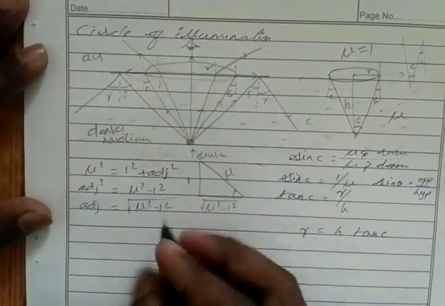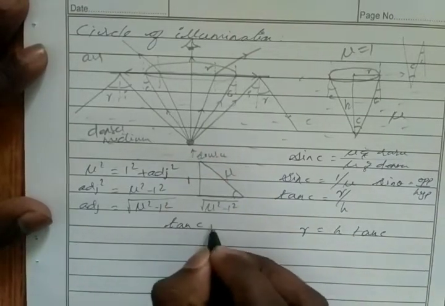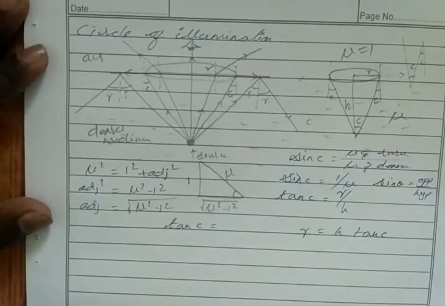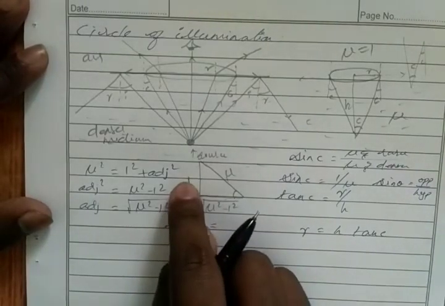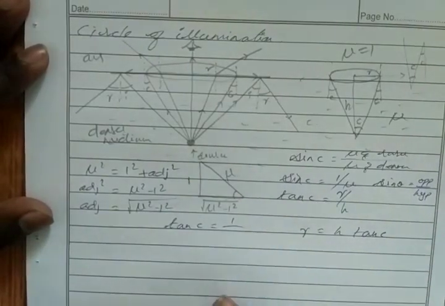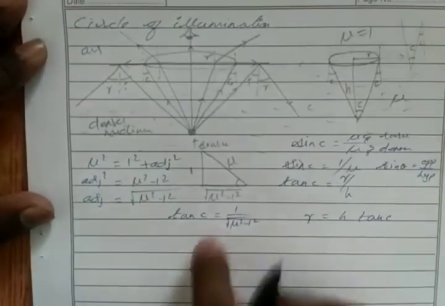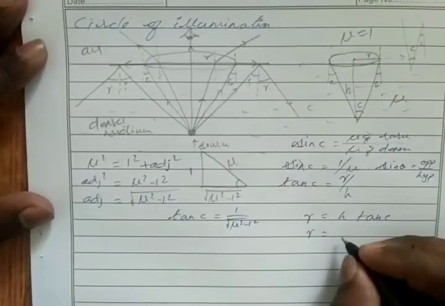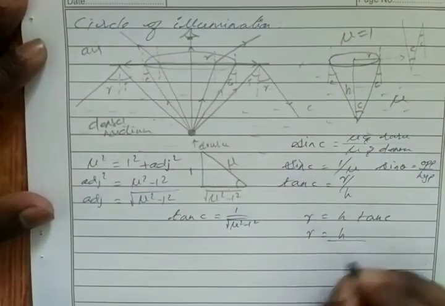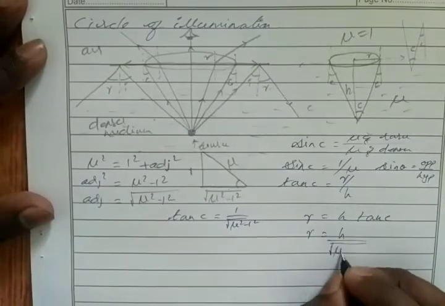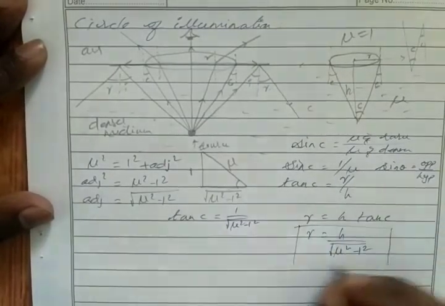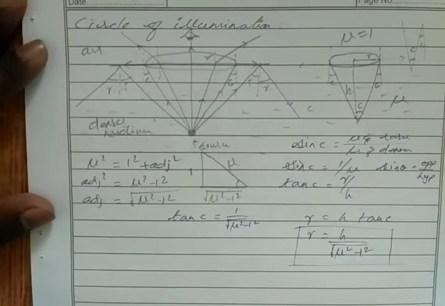Use this triangle: tan c equals opposite by adjacent, so opposite is 1 divided by adjacent, which is root of mu square minus 1 square. Simply substitute: R equals h into 1 by root of mu square minus 1 square. So this is the radius of illumination. A person can see about this much radius when he is in the air, outside the water. Clear?